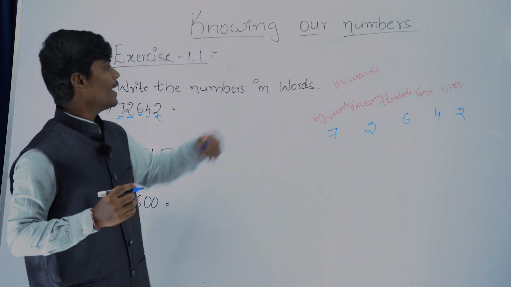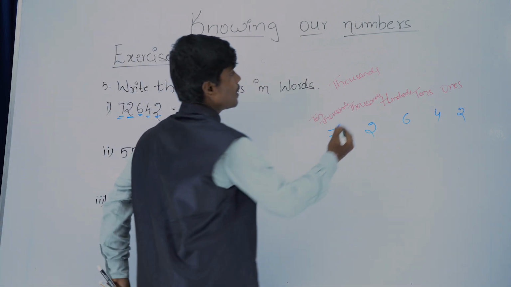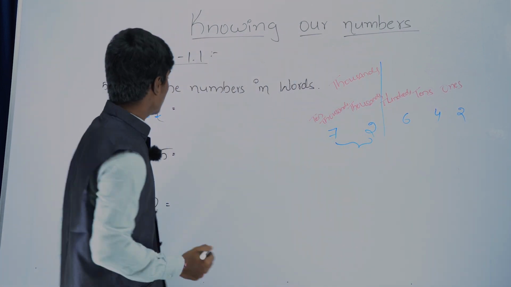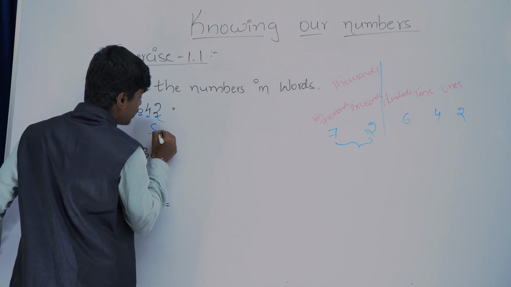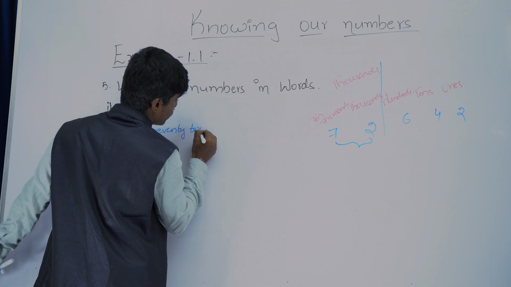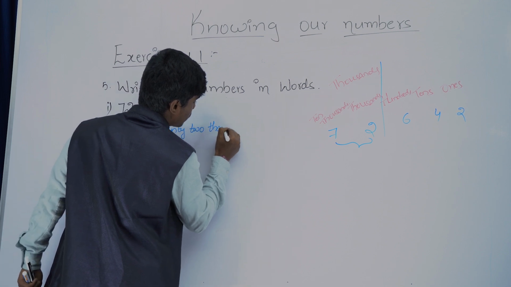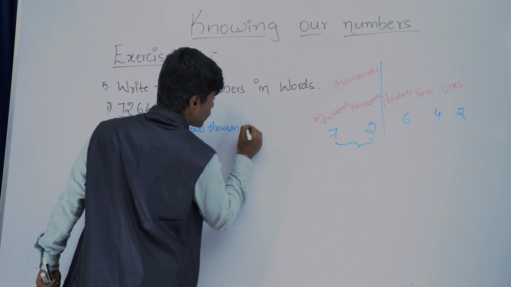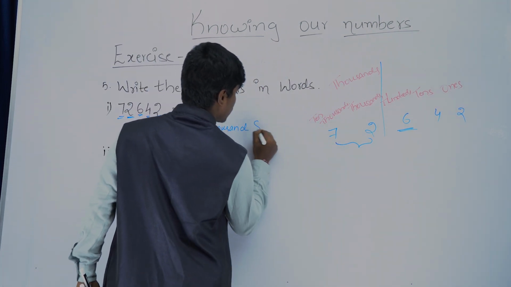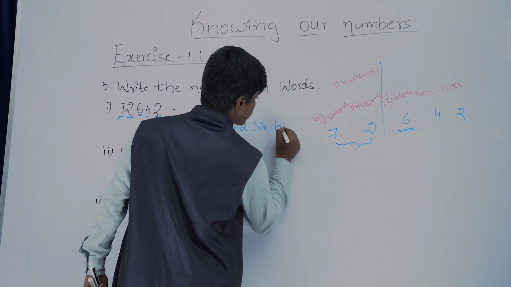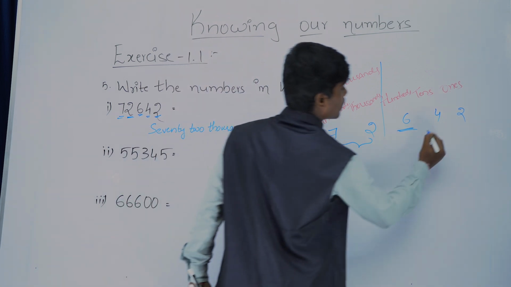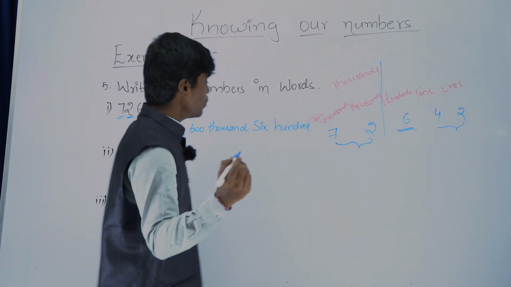To write in words, in thousands we have 72, so 72,000, 600, and 42.